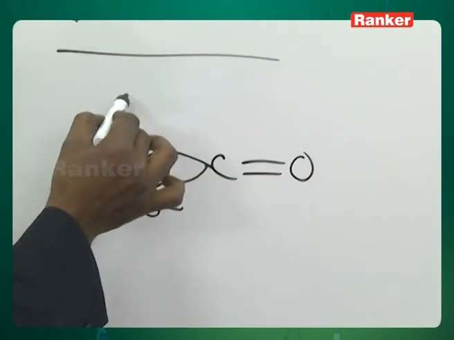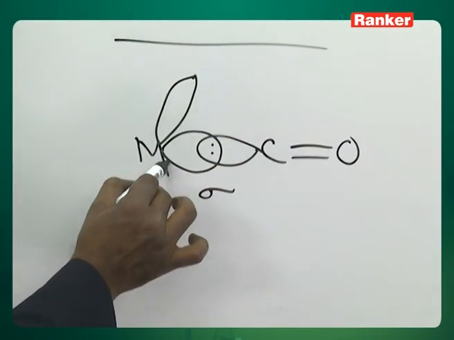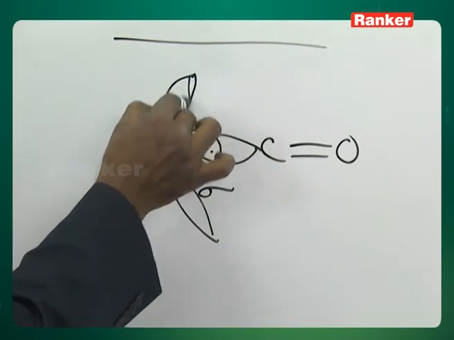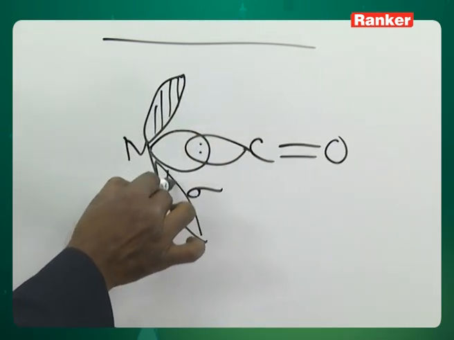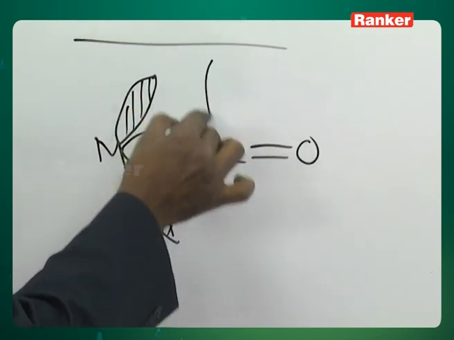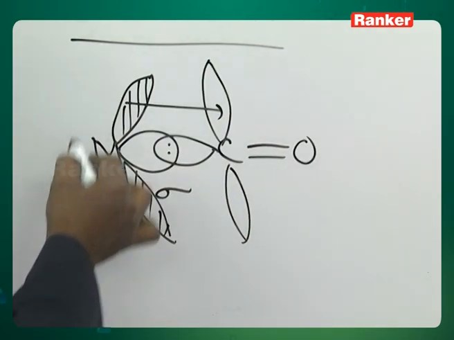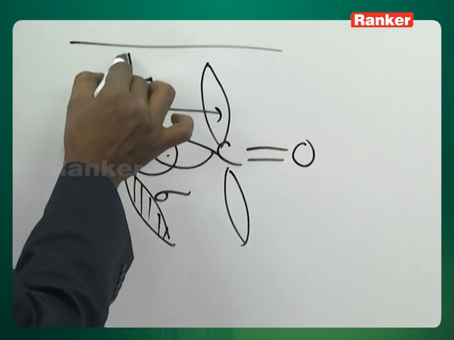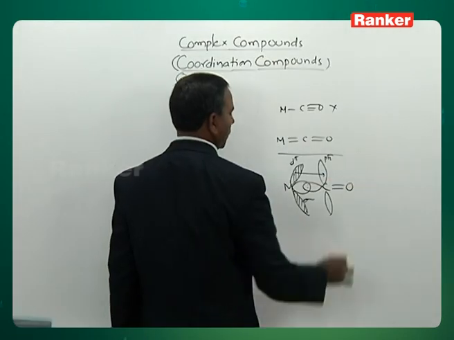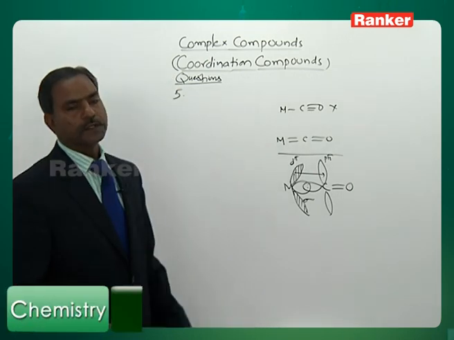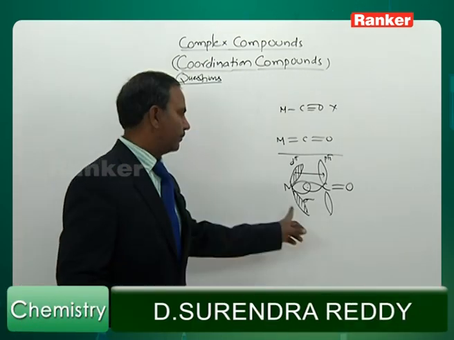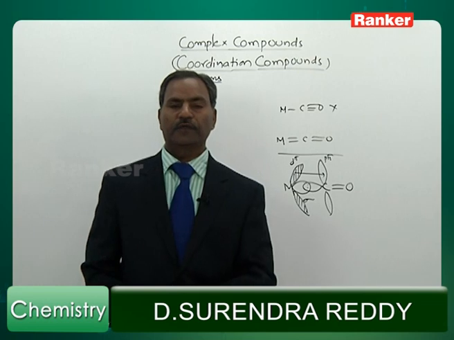Again, the carbon atom is accepting a pair of electrons from the filled metal d orbital, resulting in the formation of a pi bond like this. This particular pi bond we call dπ–pπ bond. So option C, the M–C pi bond is dπ–pπ bond, is said.